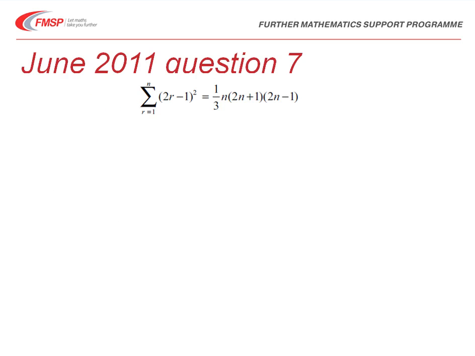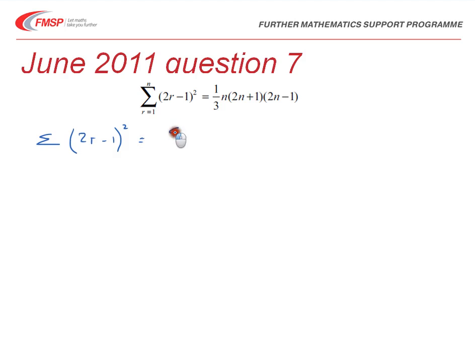So the first part of the question is asking us to use our results for sigma r squared and sigma r to show this is true. Well, again, the technique, of course, is to take the left-hand side, sigma of (2r minus 1) all squared, and see what we get when we're multiplying that out.